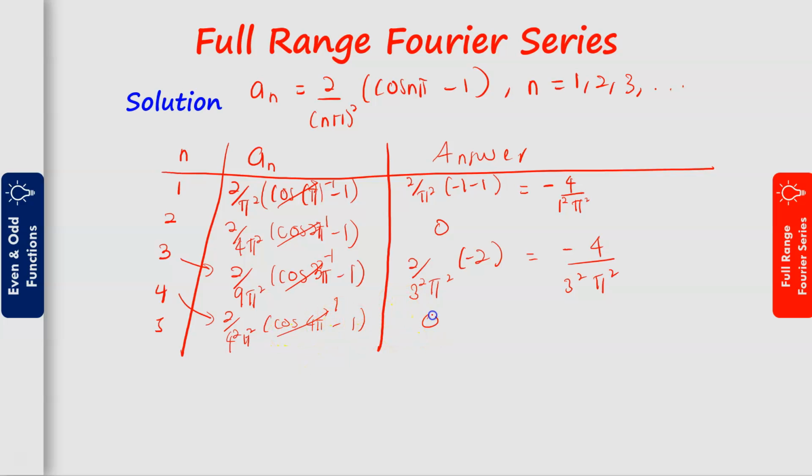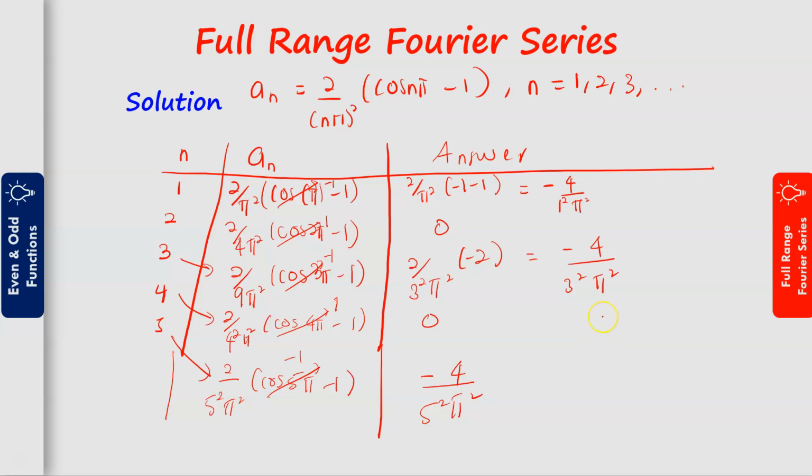So 1 minus 1 is 0. And then for the fifth term, that is n equal to 5, we have here 2 over 5 square pi square (cos 5 pi minus 1). In this case, cos 5 pi is equal to negative 1. So I will have here negative 4 over 5 square pi square.